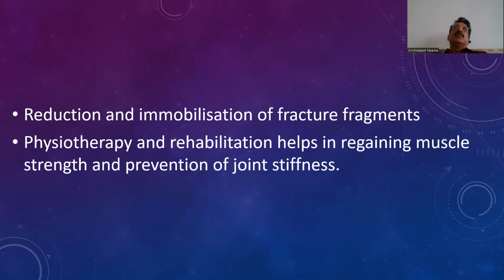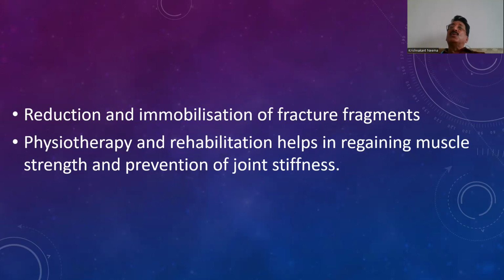After you have assessed the general condition, the limbs, the vascularity, everything, you have to reduce the fracture. Reduction of the fracture means realigning the fracture fragments into normal alignment. That is called as reduction. And this reduction can be of two types: closed reduction or open reduction.